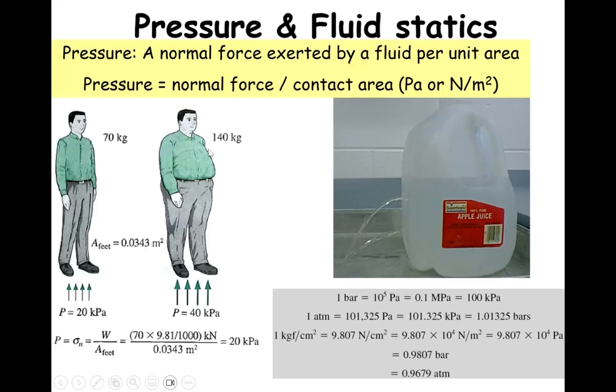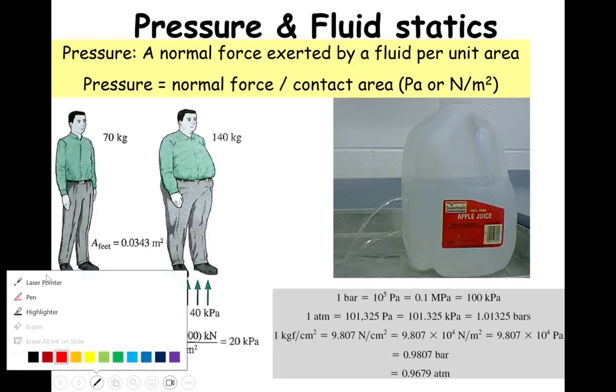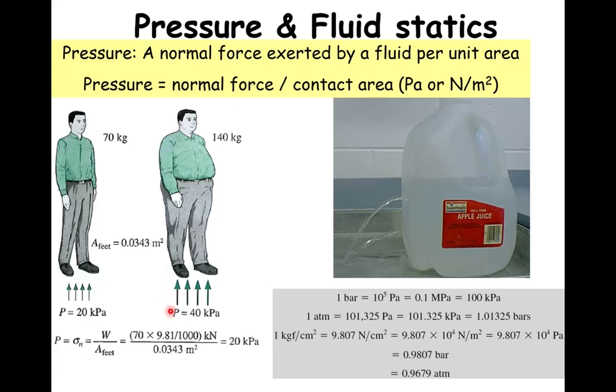Based on this formula, you can see that the pressure in this one is twice that of this one, because the surface area is the same, however the mass of the two people is different.